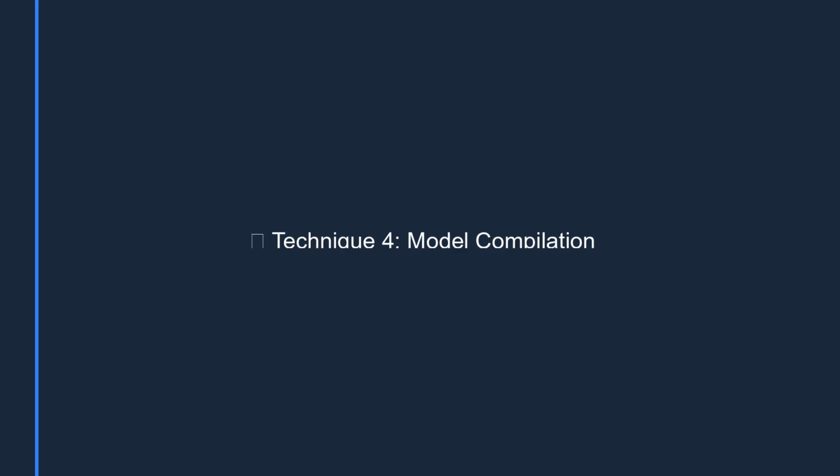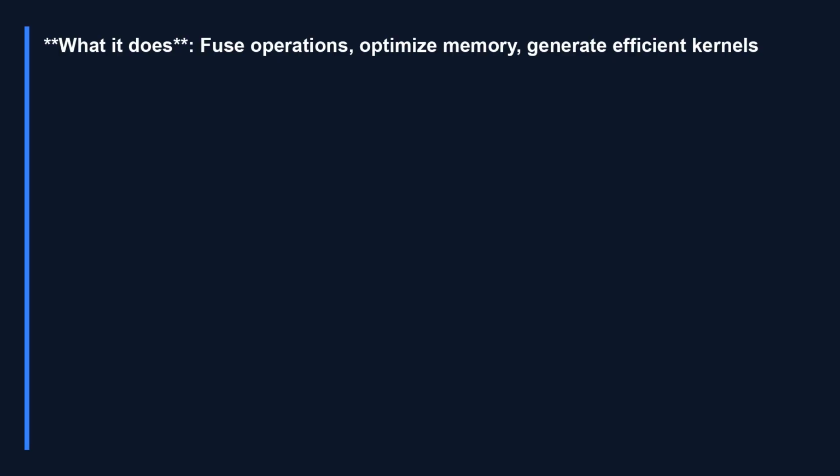Technique 4. Model compilation. torch.compile is PyTorch 2.0's answer to a long-standing inefficiency, Python's interpreter overhead. Every time a PyTorch operation runs, there's overhead from Python function calls.